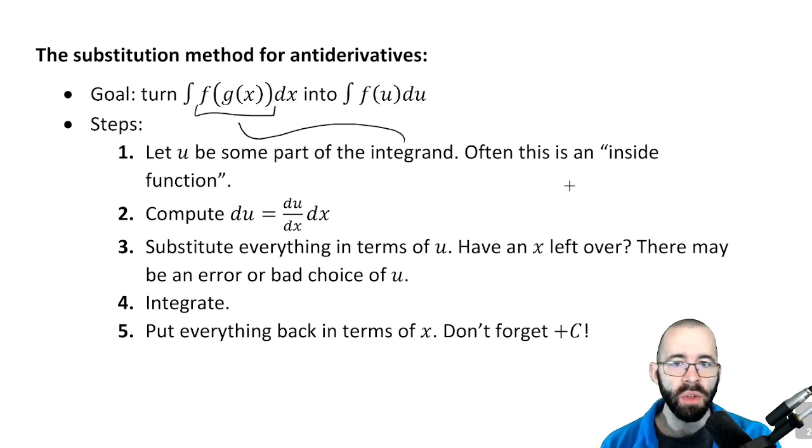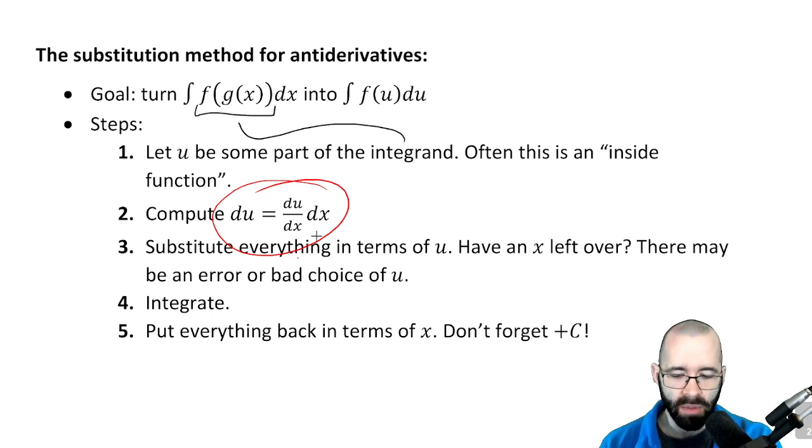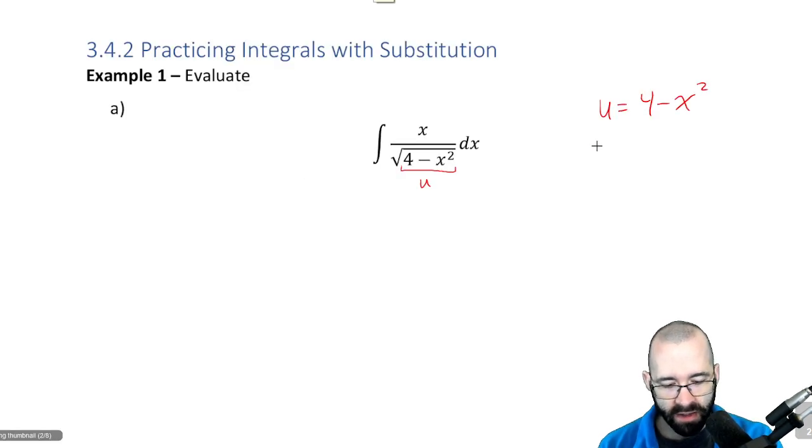Step 2 is compute du, which is du dx times dx. So this is a little bit different than what we did in our introduction example, but it's basically the same thing. So du is du dx times dx.